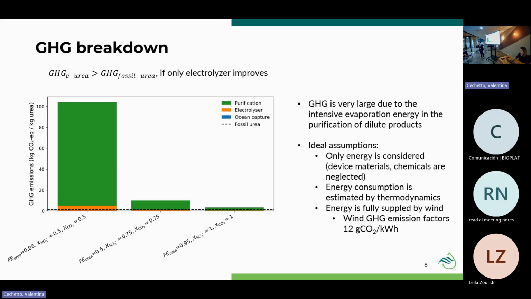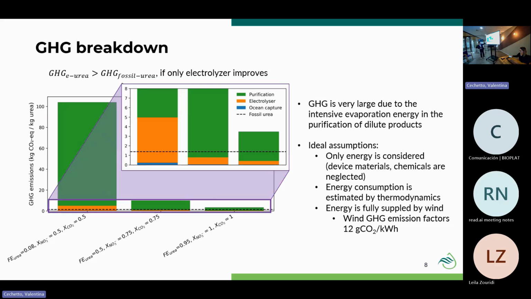So we see that lots of the contribution comes from the purification. That's because we get a very dilute urea product. If we zoom in on this part, you see this more clearly for the dashed line, the fossil urea, the conventional urea. Then you may say, if we just improve the electrolyzer performance, basically, this is our current lab data, 0.08 for the urea Faraday efficiency.